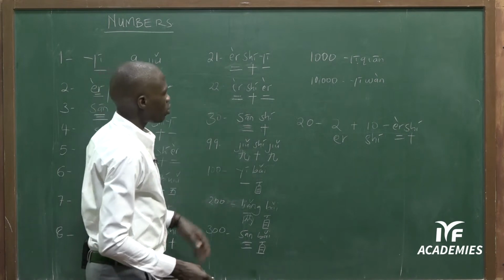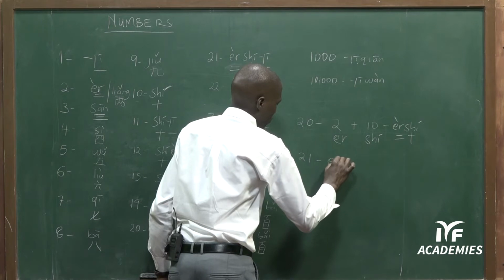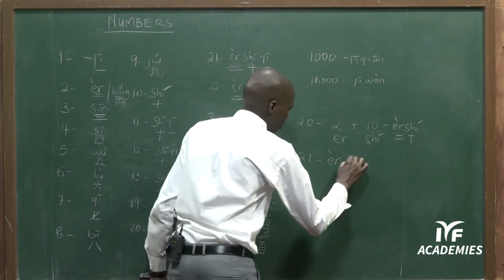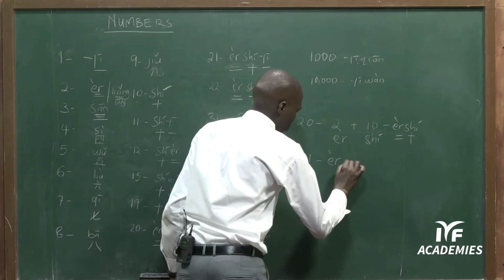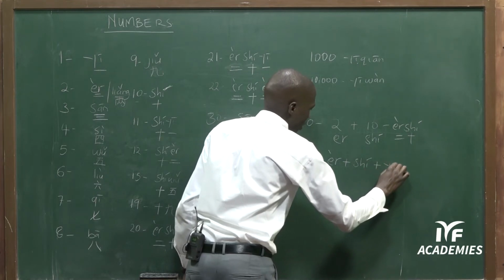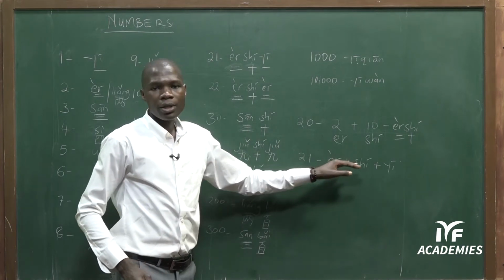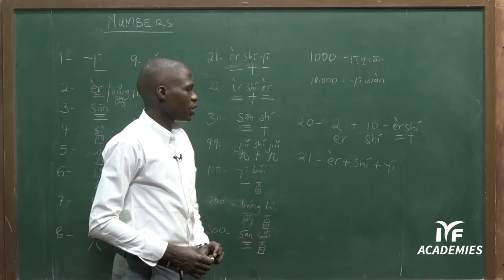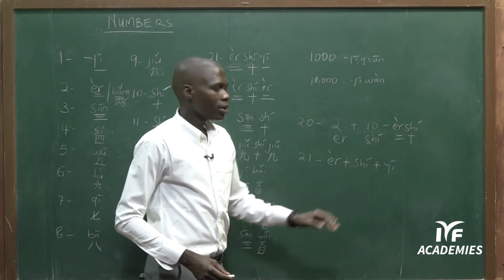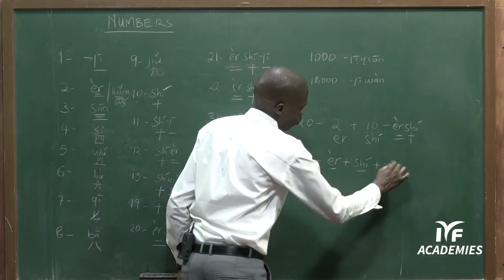Then number 21: because we have 2, then 10, then 1, it becomes er shi yi, which is 2, 10, 1.